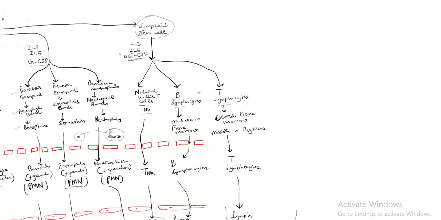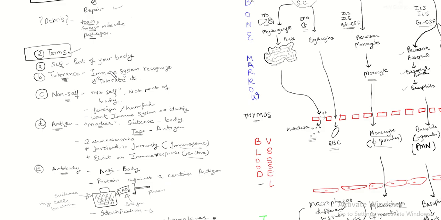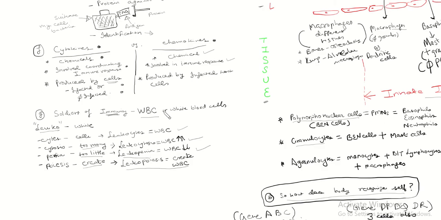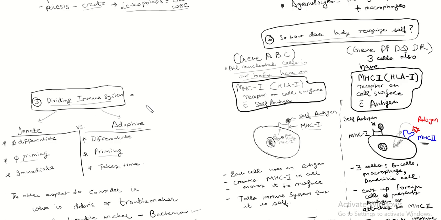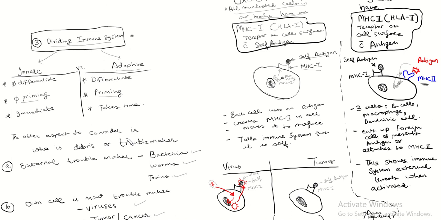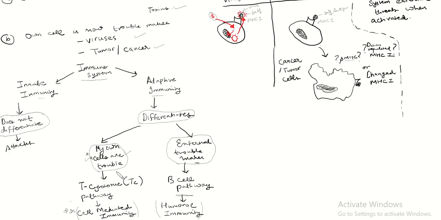So again, to recap, what did we talk about? We talked about the role of the immune system. We talked about some basic terms. We talked about soldiers and chemicals of the immune system. We divided the immune system into innate and adaptive, and we subdivided adaptive into two parts.